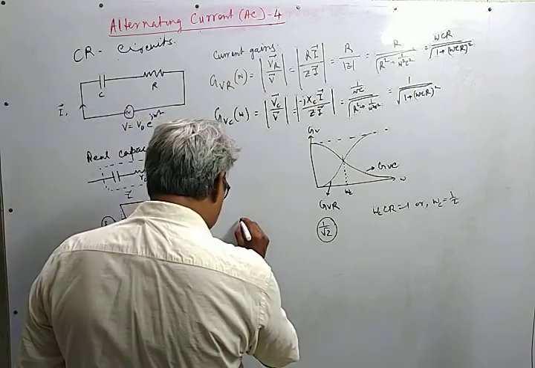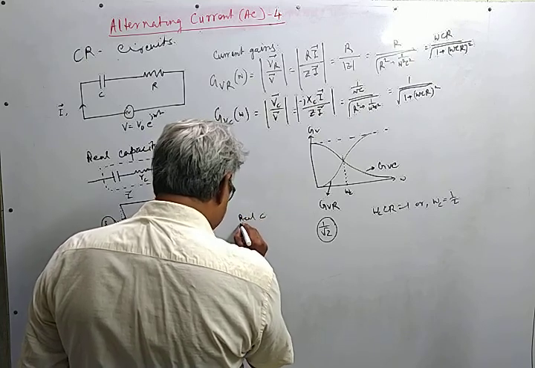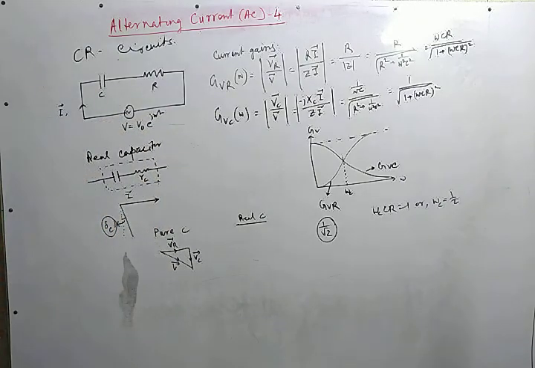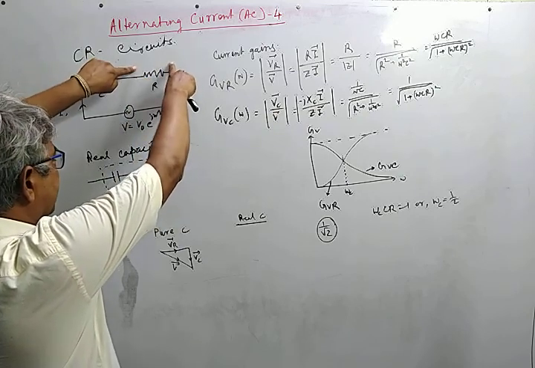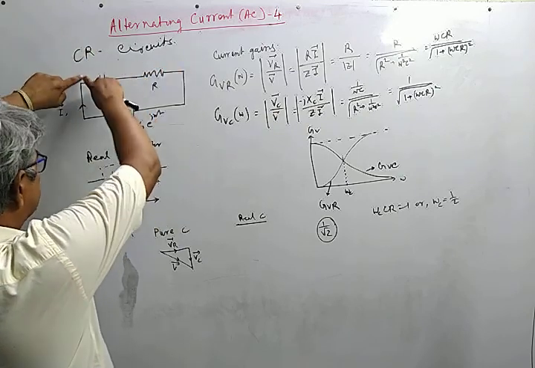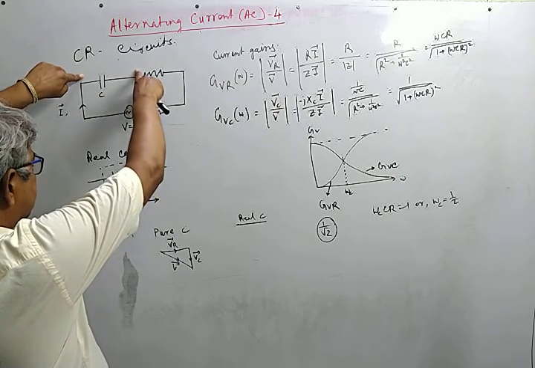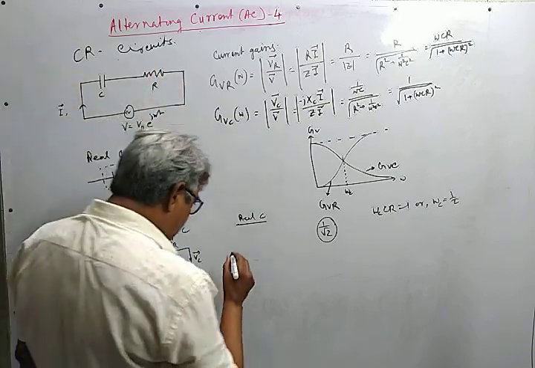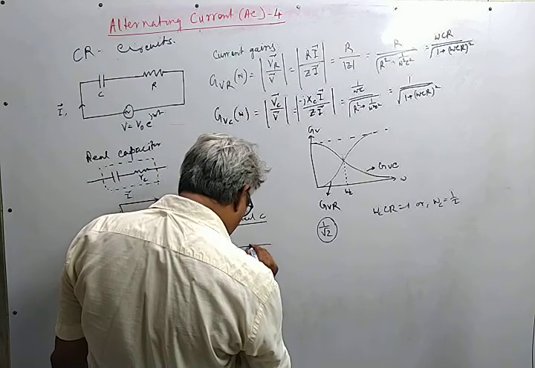For a real C, the diagram becomes like this. We take a particular frequency and measure VR, VC and V. To measure VR, we connect the RMS meter over this. To measure VC, we connect the RMS meter across the capacitor, and this gives you V. We first make an appropriate scaling, and this represents VR.